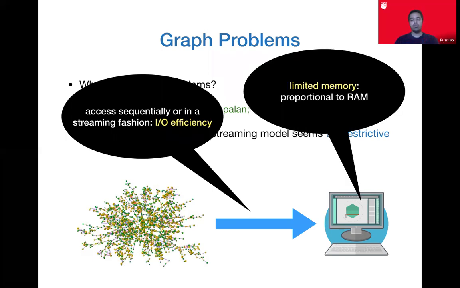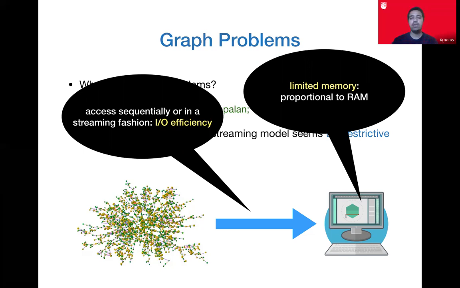Then you have a limited memory on your computer to process it. That's how lots of graph streaming algorithms are being used. Now the memory of your algorithm is not exponentially smaller than the size of the input. In many cases, if you can just make a quadratic improvement in the memory, then it will fit your main memory and you can solve the problem.